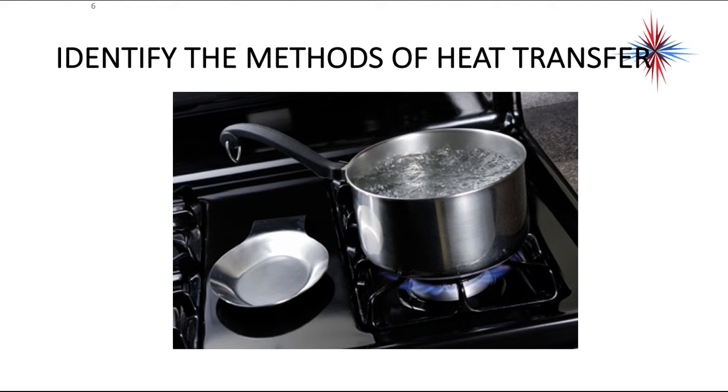How about this one? Conduction is the grate to the bottom of the pot to the water. Convection would be the boiling water and the air above the boiling water. Radiation, the grate to the metal holder, the pot to the metal holder, and the pot to the stovetop.